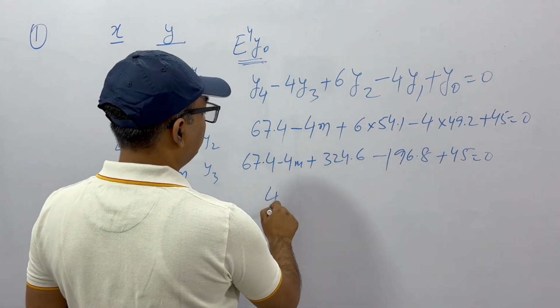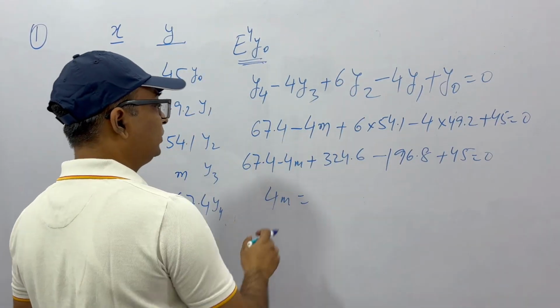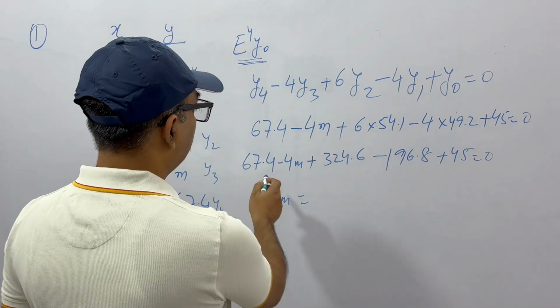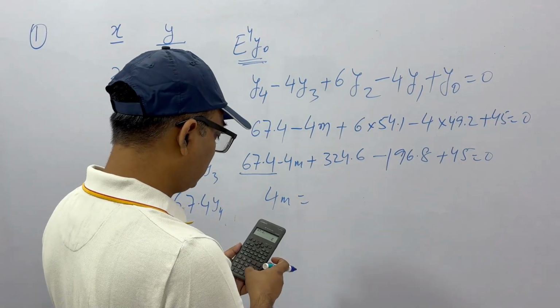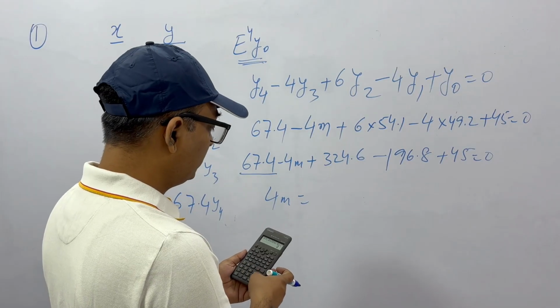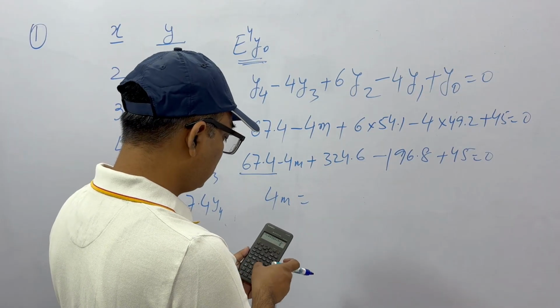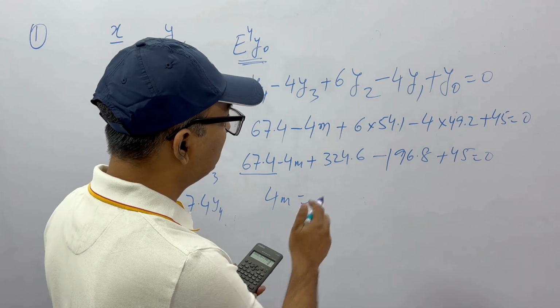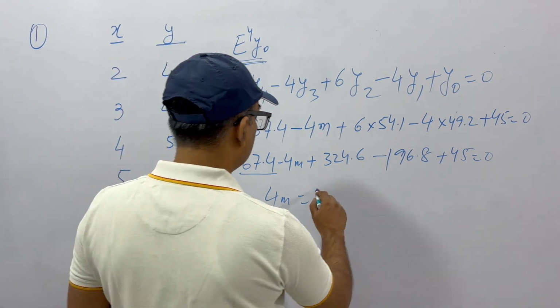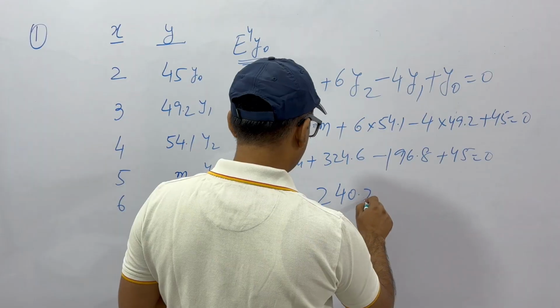So let's take 4m to this side, and on this side we have 67.4 plus 324.6 minus 196.8 plus 45. So this comes to 240.2.